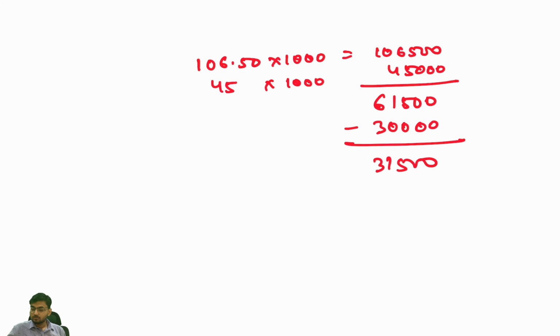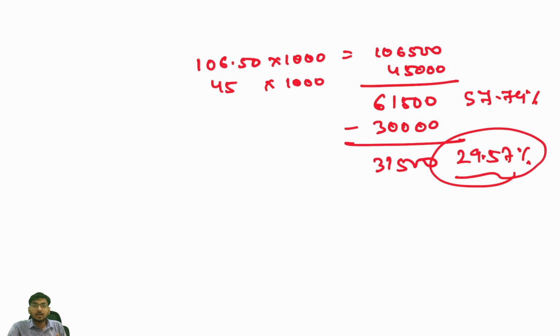Clear? So first of all calculate the gross margin. Gross margin how much? 57.74%. 57.74%, gross margin has increased. Now what about the operating margin? 29.57%.